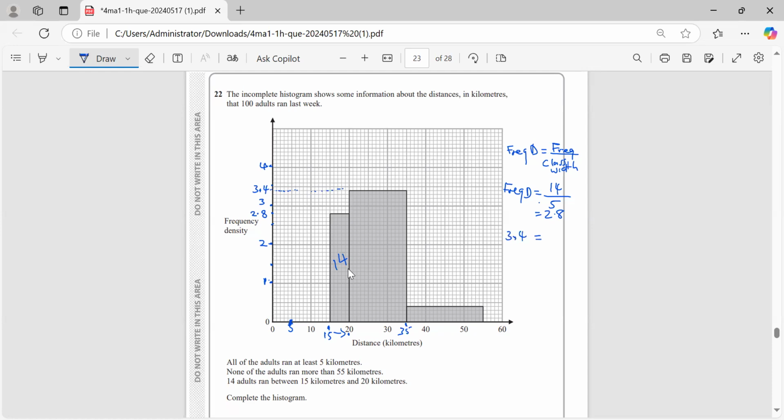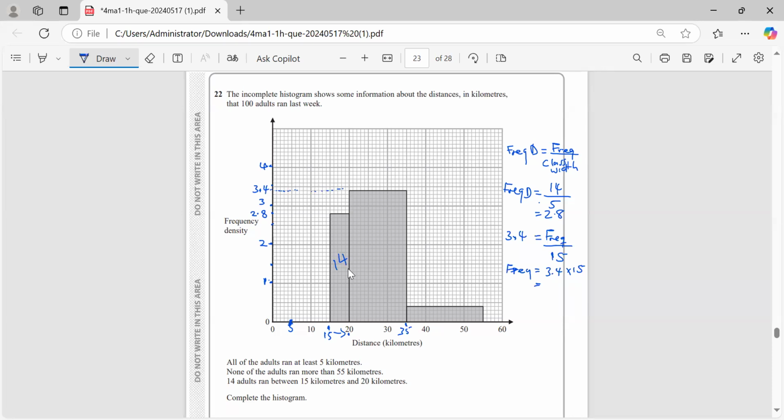We don't know the frequency, and we want to find it. The class width from 20 to 35 is actually 15, right? So to find the frequency, you just multiply 3.4 and 15.